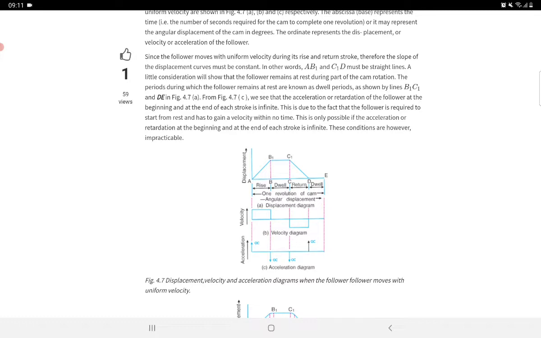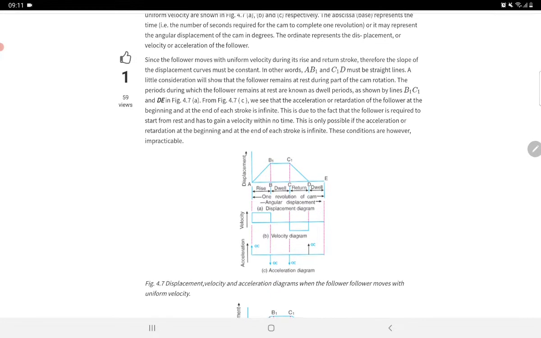In this figure, A to B1 and C1 to D must be straight lines. These are two inclined straight lines representing the rise, or up motion, of the follower and the down motion, which is called the return stroke of the follower.